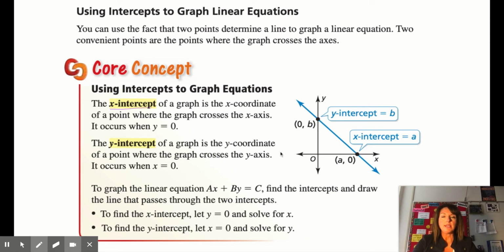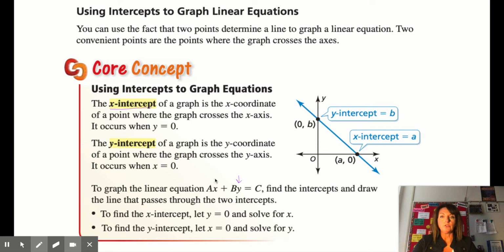Anywhere on the x-axis, y is equal to 0. So in this equation, if we substitute in a 0 for this y, this whole expression disappears. Likewise, for the y-intercept, all x's are equal to 0. So you start at the origin, x is equal to 0, and then you go up or down and place a dot, the point on the y-axis.